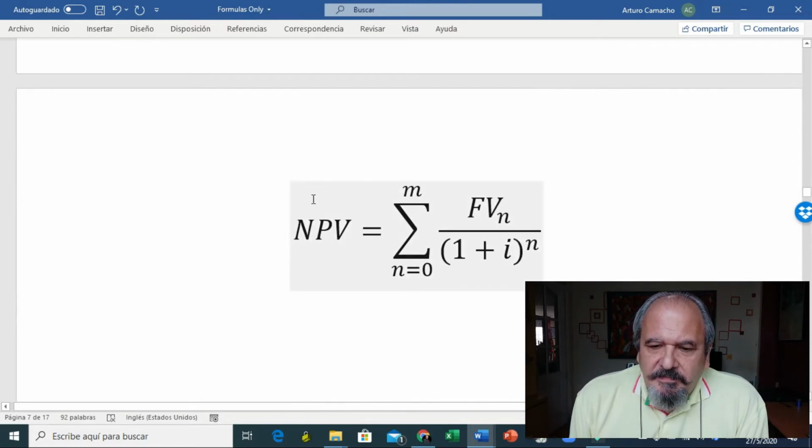So here's the formula. The net present value is the sum from 0, which is the initial investment, to m number of periods, of each of the cash flows divided by 1 plus i to the n, the index of the sum.